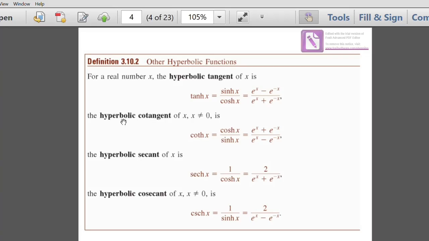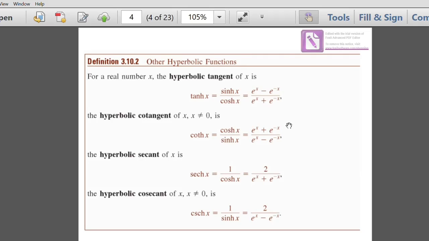Similarly, we have the hyperbolic cotangent of x, where x is not equal to 0. It is given by hyperbolic cosine divided by hyperbolic sine. And the hyperbolic cosine is just exponential of x plus exponential of minus x divided by 2. And the hyperbolic sine is exponential of x minus exponential of minus x divided by 2.